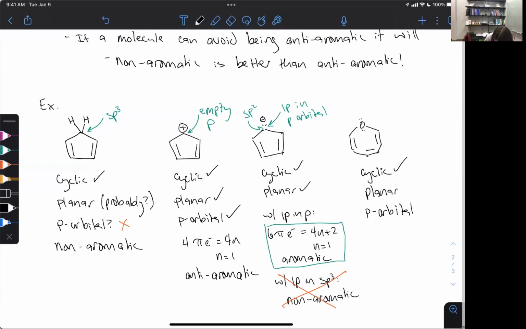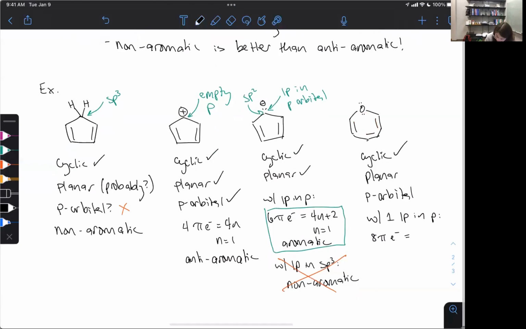So if we consider one of the lone pairs in a p orbital, I would have 2, 4, 6, 8 electrons if it's in a p, but that goes into my 4n category where n equals 2.